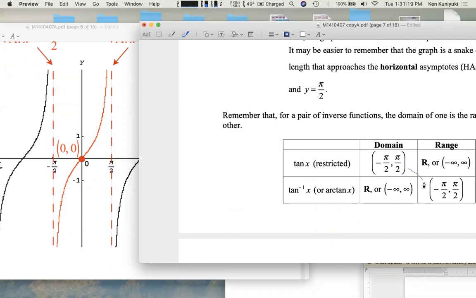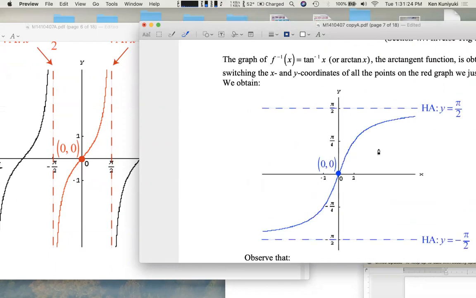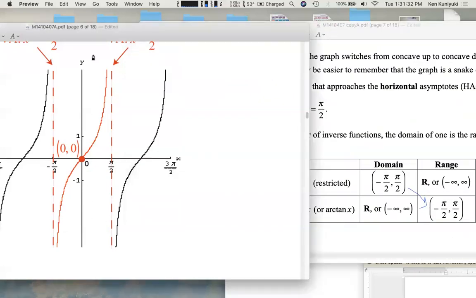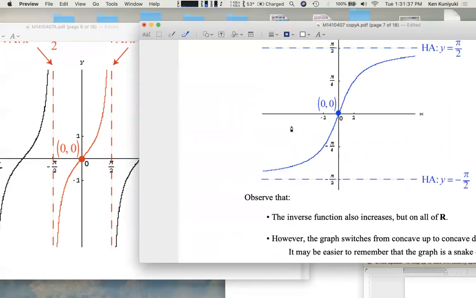That becomes the range for the inverse tangent function. The x-coordinates here in red are the y-coordinates here in blue. The range here, the y-coordinates we pick up here, all real numbers, becomes the domain here, all real numbers.